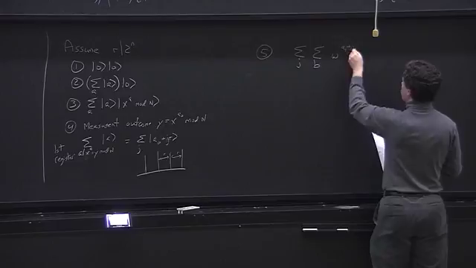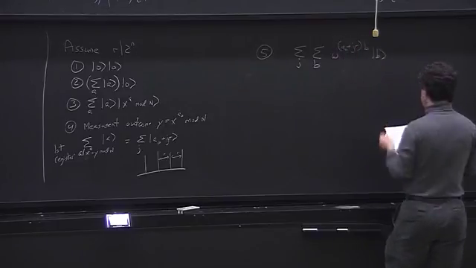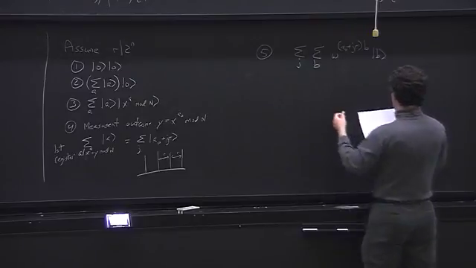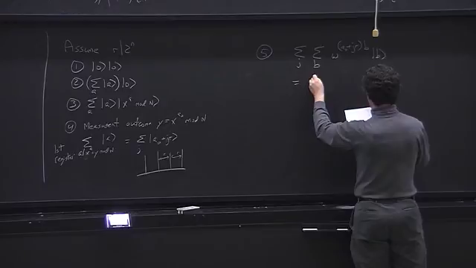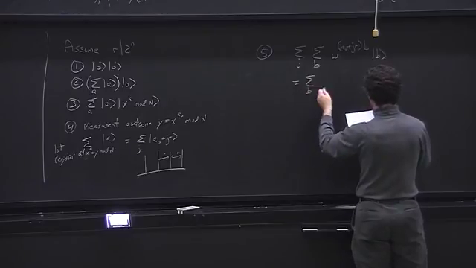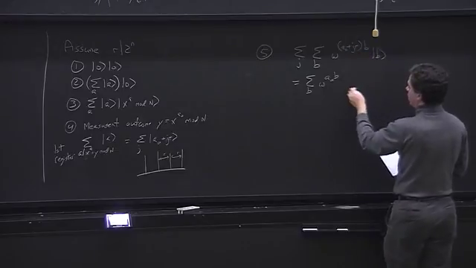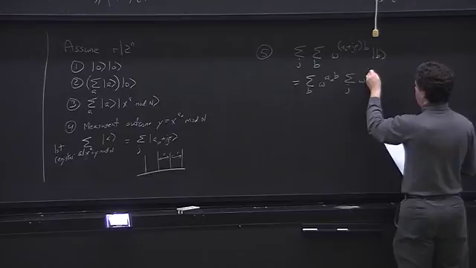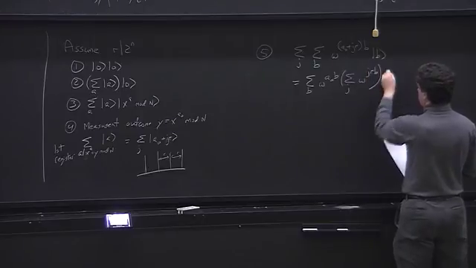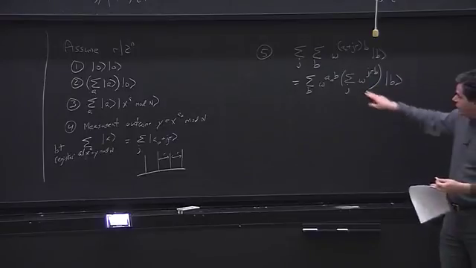A is a0 plus jr. And so we can change the order of summation. So we have omega to the a0b, and then put the sum over j inside. Sum over j, omega to the jrb, and then b. Okay. Now let's look at this sum.